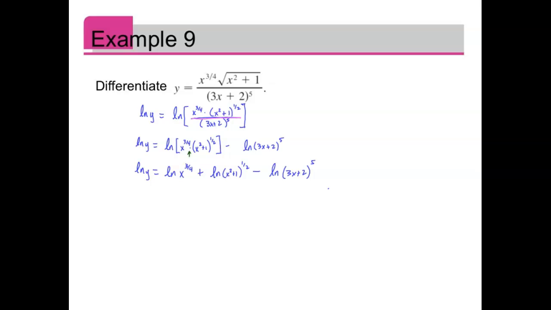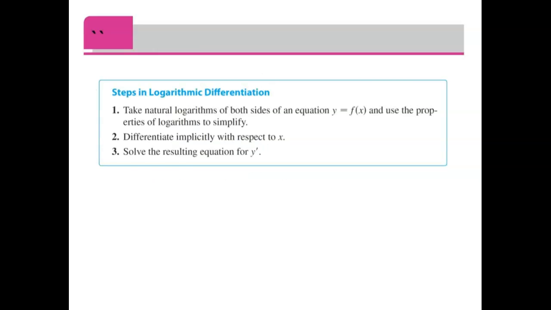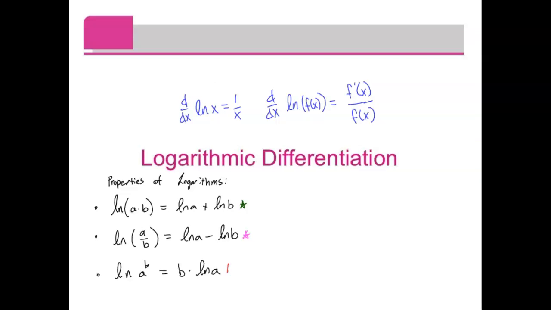And then last, we had that property that said what we could do when we had an exponent on our argument, right? We can bring that around as a coefficient on the front. So that's what I'm going to do here.